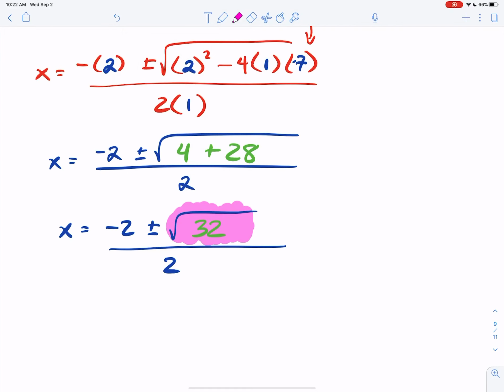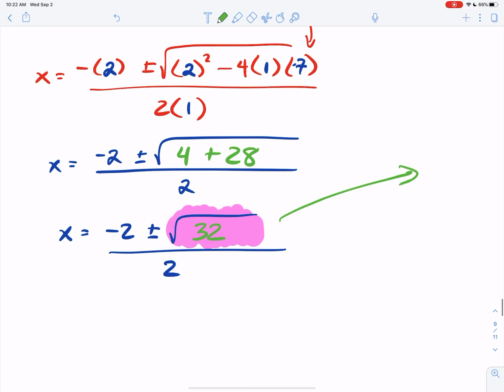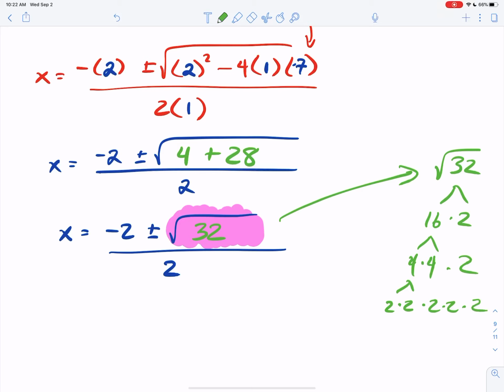Definitely not a perfect square root, but can I simplify it? So here we go. Square root of 32 is 16 times 2. 4 times 4 times 2. 2 times 2 times 2 times 2 times 2. All right?